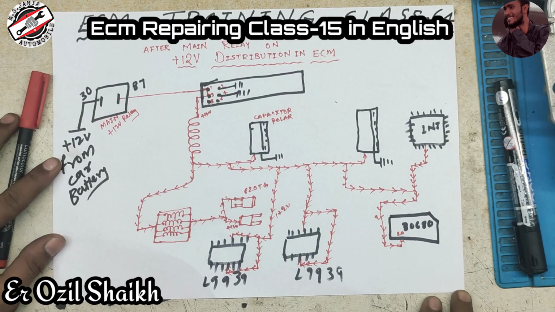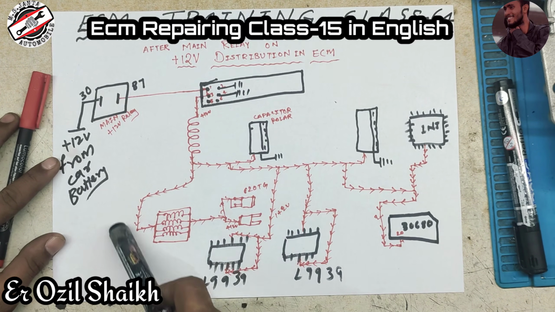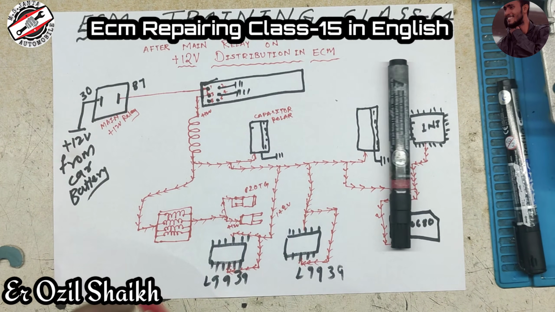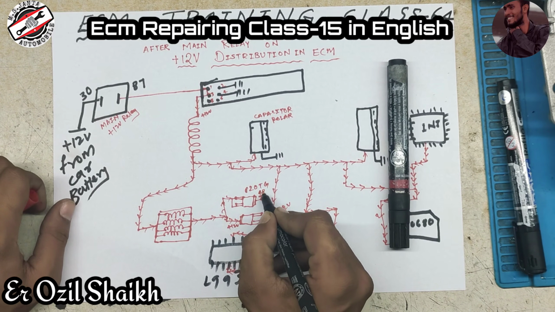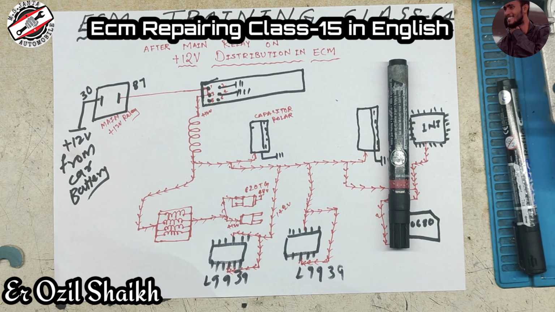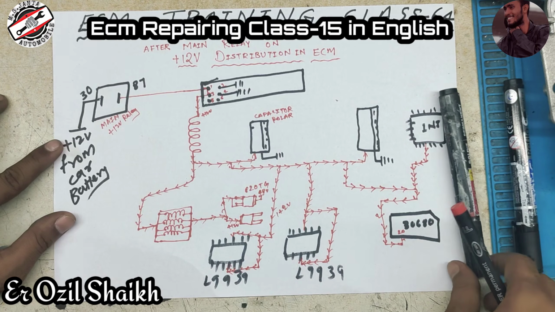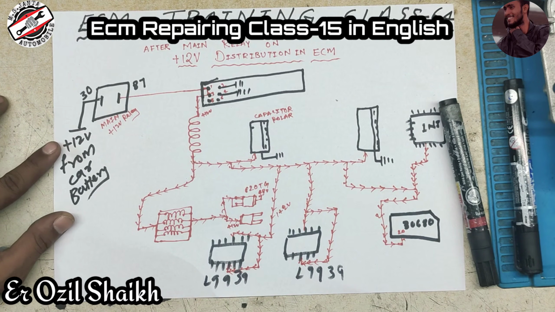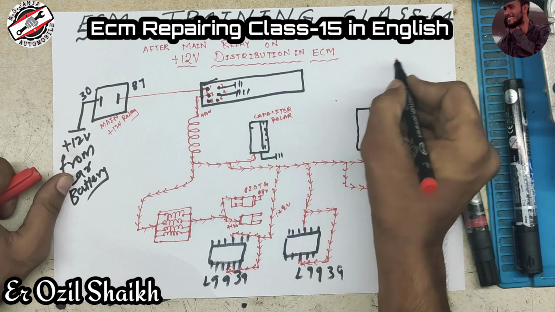So as you know, this is the whole structure of 12 volt distribution after the main relay. This is the high side of the injector section. This 620 TG is used for the high side, and 48 volts is created here when this MOSFET gets PWM modulation. PWM means pulse width modulation. It is the duty cycle, the on-off cycle.